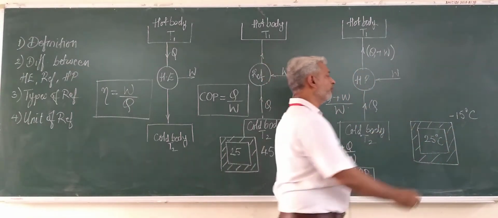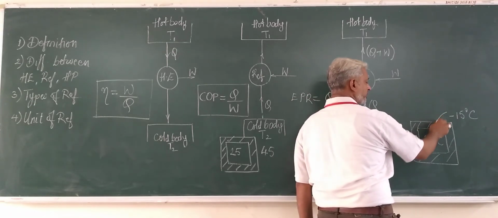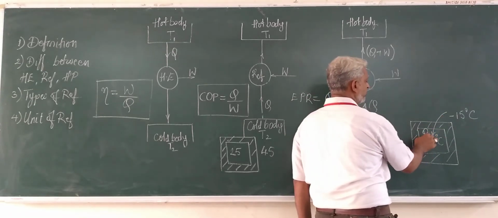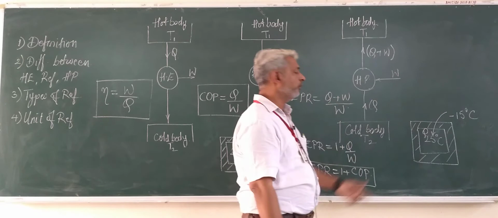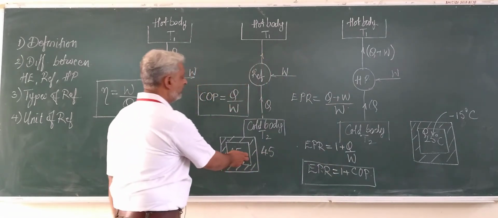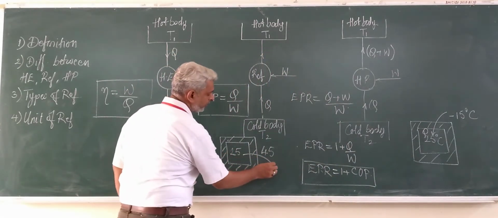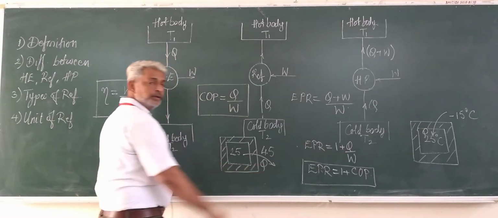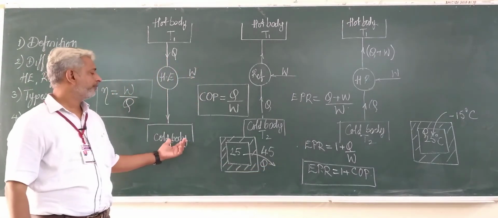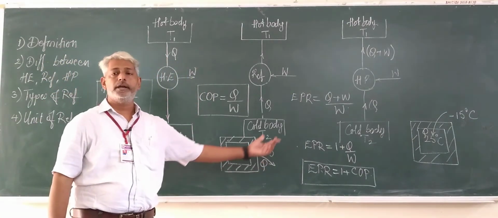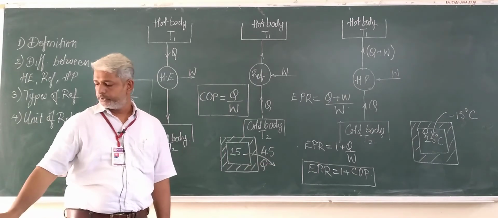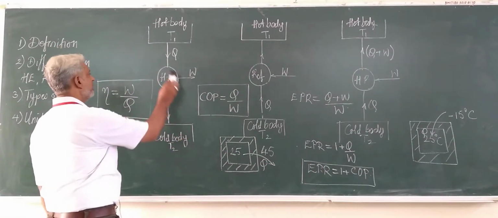That means you have to take in heat from the outside and put it into the enclosed space. In case of a refrigeration system, you are removing heat from the enclosed space. So this is the basic difference between a refrigerator and a heat pump. Okay, we'll go for the next bit.